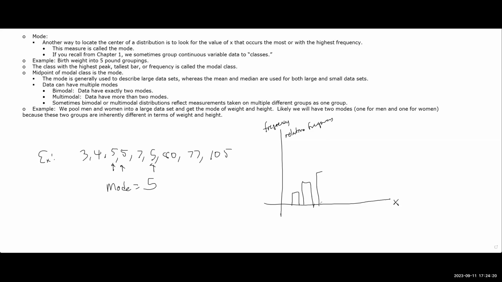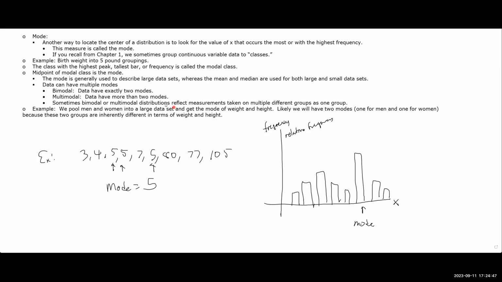Like this, the bar graph. This is the mode, because that's the one that happens the most. The mode is generally used to describe large data sets, whereas the mean and the median are used for both large and small data sets. Okay, so mode is not something we generally use for small data sets, but it's possible. Okay, you can calculate it.